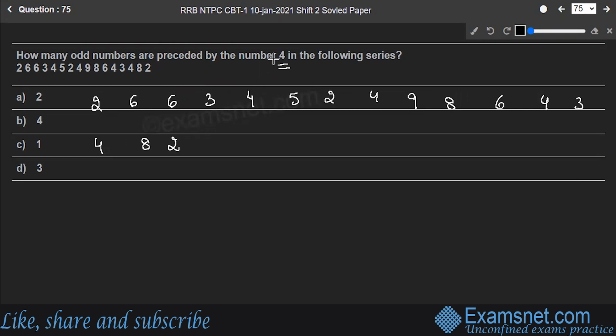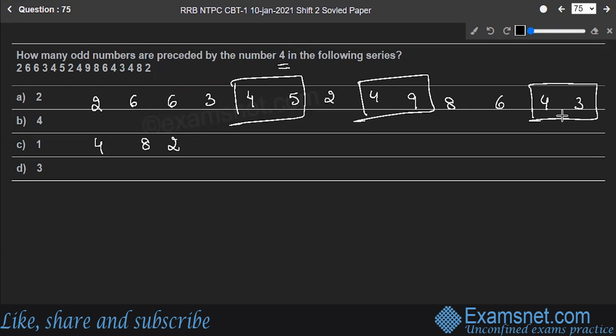So how many odd numbers are preceded by 4? One is this pair. The second one is this pair, and the third one is this pair. This 8 is an even number, so I would not consider this one. So this is 1, 2, 3. I have option D as the correct answer to this question.